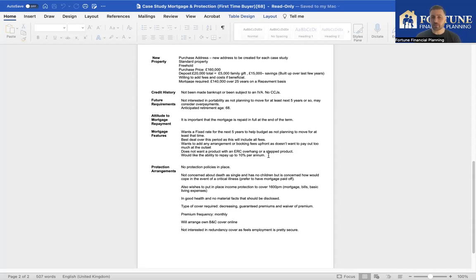So there's no protection in place, and he's not concerned about death. I mentioned that earlier. No children. So, his priority is him. So he wants some critical illness cover and he needs income protection. Good news is he's of good health, no material facts that should be disclosed, which, by means of sourcing, then you can source based on the best requirements.